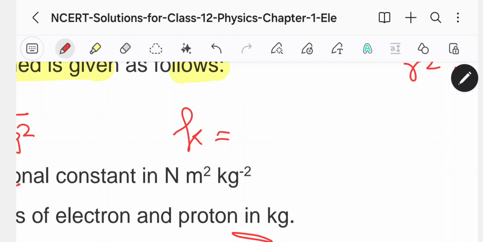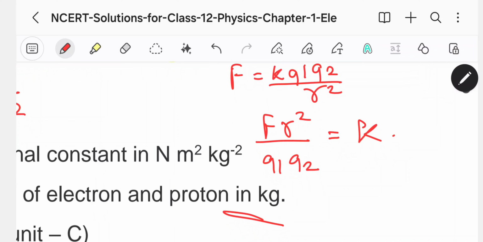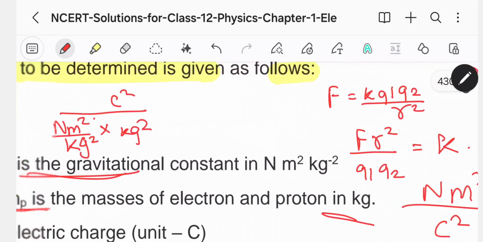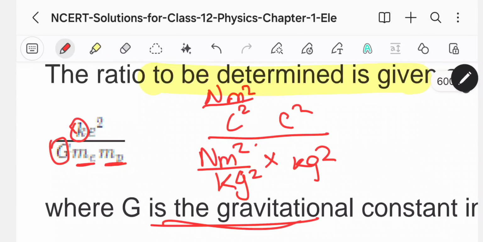That is, again, F is equal to K Q1 Q2 by R square, right? And the K value, you can see it is F R square by Q1 Q2, is your K. Now Newton meter square per Coulomb square. So we have this as well, Newton meter square per Coulomb square. Okay, so this is what you get, right?